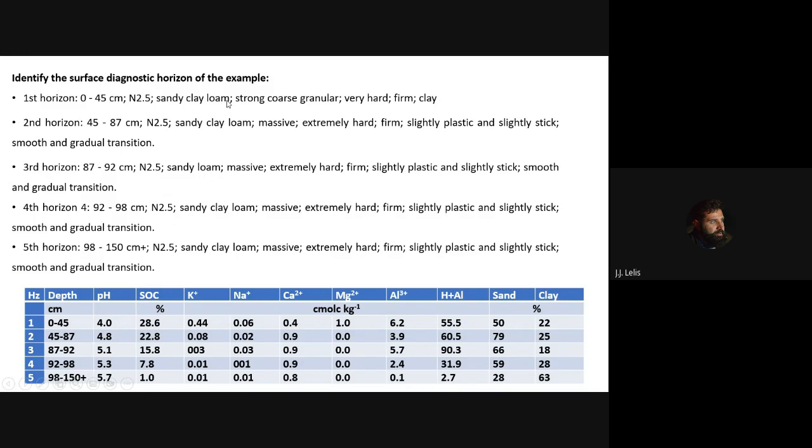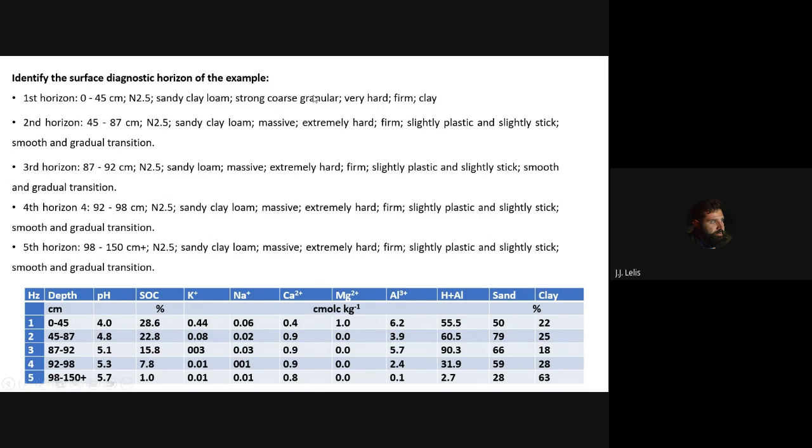The structure presents a strong grade, so it presents a strong development, and the size of these peds, of these aggregates, is coarse, so the peds are coarse, and these peds present a granular type, so present a circular shape.